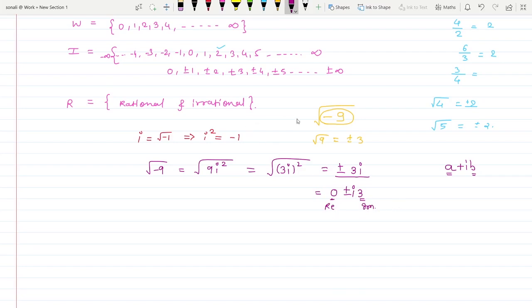Okay. And then this set is extended to the complex numbers, the set of complex numbers. Okay, so I hope you all understood. And the set of complex numbers means what? It has numbers of the kind a plus minus ib. Okay, this is the complex number.